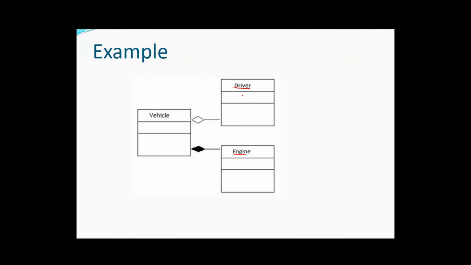A vehicle has a driver and has an engine. The relationships are aggregation, but the aggregation between the driver and the vehicle is normal aggregation. The driver can leave the car, that's fine. The car is still a car. But if the engine is taken off the car, that's not considered a car. So this is what composition becomes here. Very strong relationship. This is how we implement composition. This is how we implement aggregation. Okay?